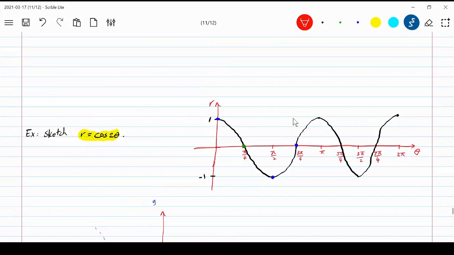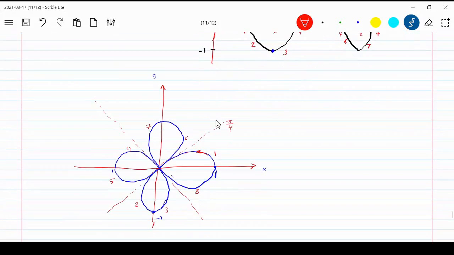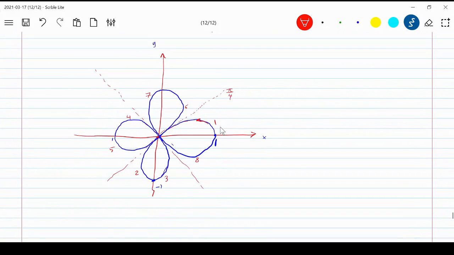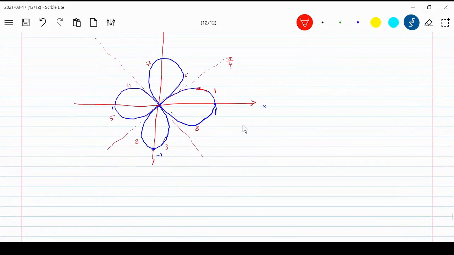And those exactly correspond to these pieces: first, second, third, fourth, fifth, sixth, seventh, and eighth pieces of this flower. So try to go through by picking more points. Maybe it gives you a clearer idea of how it looks like.